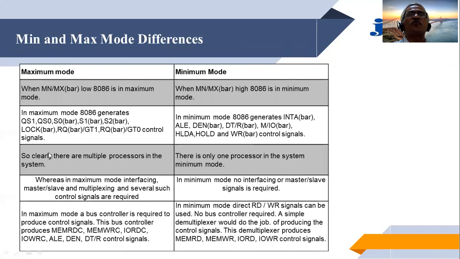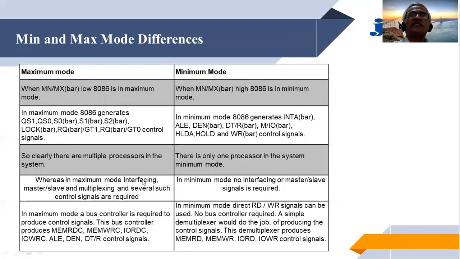The maximum mode of operation is for the multi-processor environment, whereas the minimum mode of operation is for the single processor system environment. So that is another major difference, where in the minimum mode, this 8086 operates in a single processor environment, whereas in a multi-processor environment, the system operates in a maximum mode.